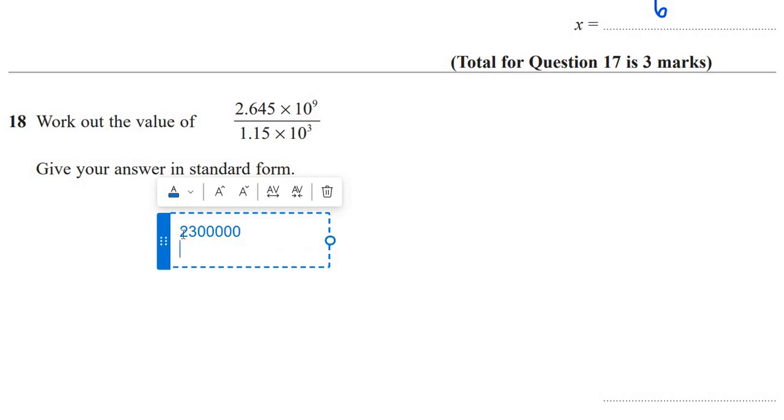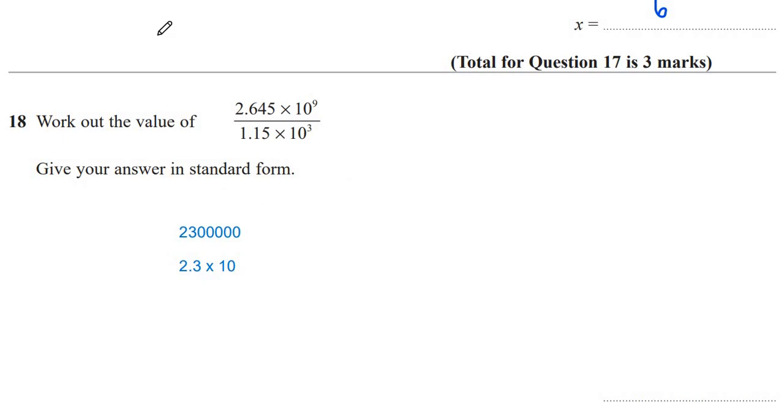Now in standard form, that is going to be 2.3 times 10 to the power something. Now, if you say 2.3, that means that you have 1, 2, 3, 4, 5, 6 digits after the point. So it has to be 10 to the power 6.